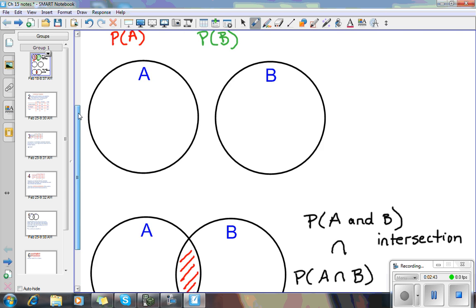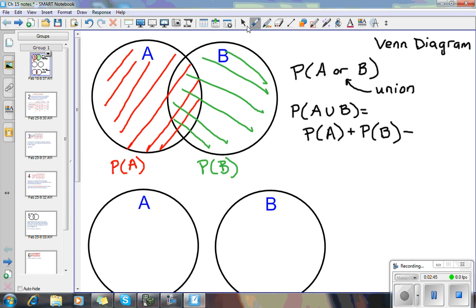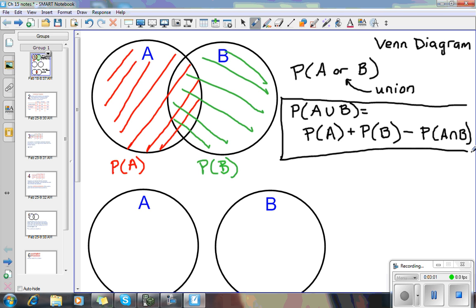So let me move back up to what I was working on here. The part that is common to both, we call that A intersect B. So this right here is actually a formula, and it is called the addition rule for any two events.